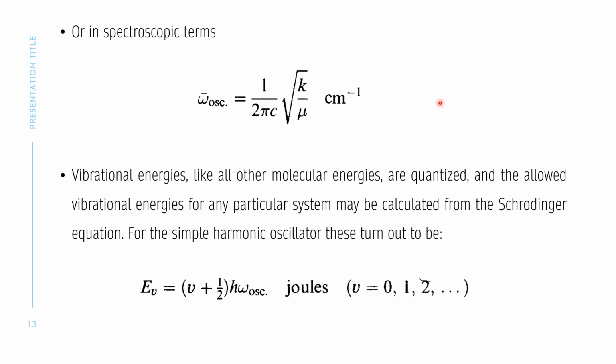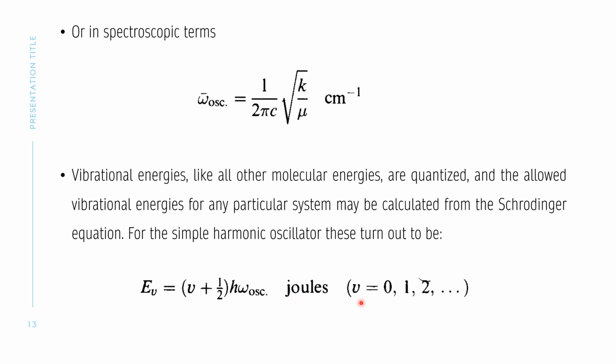Vibrational energy, like all other molecular energies, is quantized. As we all know, rotational energy, vibrational energy, or electronic energy all are quantized, and the allowed vibrational energies for any particular system, calculated from the Schrodinger wave equation for a simple harmonic oscillator, are given by EV is equal to V plus 1 over 2 H omega OSC in terms of joules.